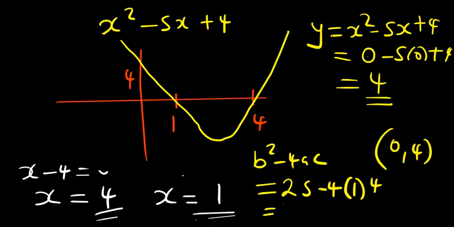So it will be 25 minus 4 multiplied by 1 is 4, 4 multiplied by 4, that is 16. Okay, 25 minus 16, that is a 9.